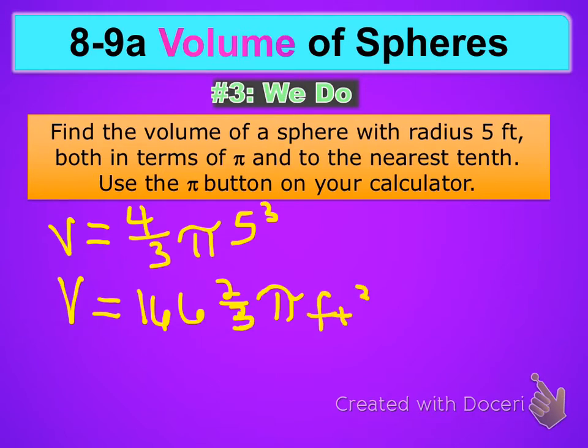Remember, volume's always cubed. And then if you multiply that times pi, you will end up with 523.6 feet cubed.